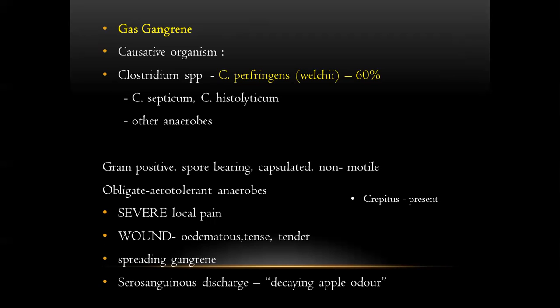Clostridium is a gram-positive, spore-bearing, capsulated, non-motile organism. They are obligate or aerotolerant anaerobes. In gas gangrene, there is severe local pain and the wounds are edematous, tense, tender, and crepitations are also present. Spreading gangrene and serosanguineous discharge are also present. Now moving to the next question.